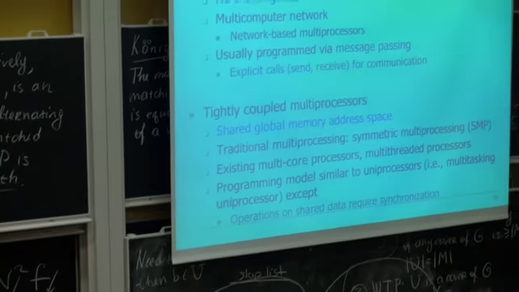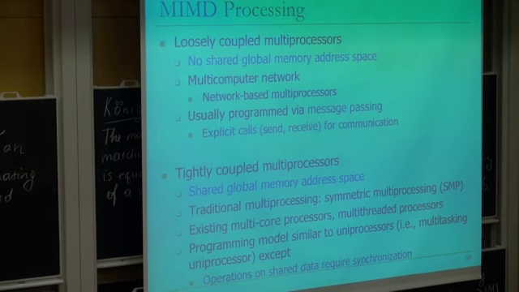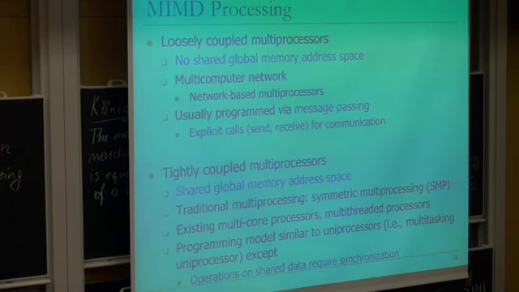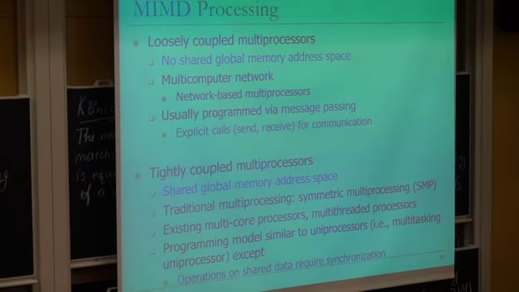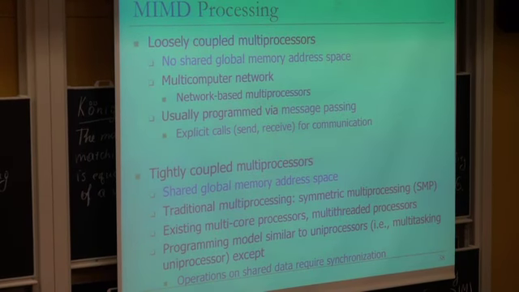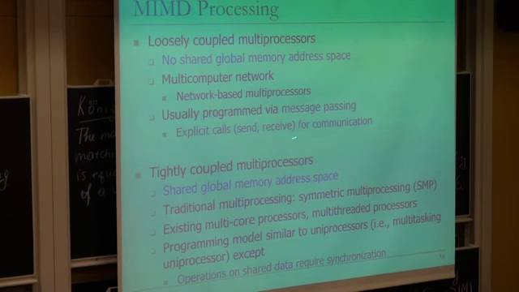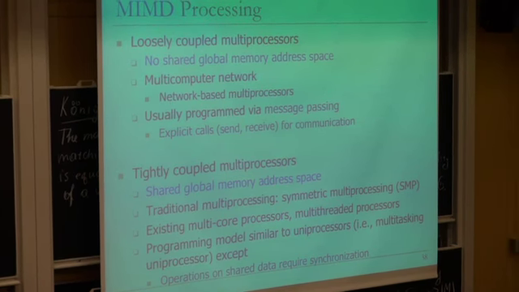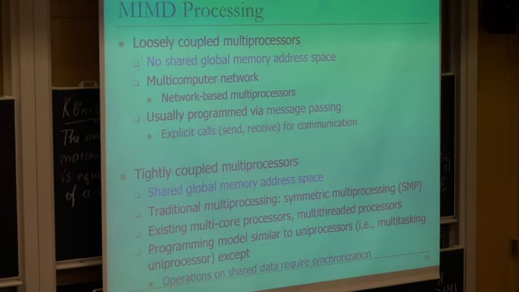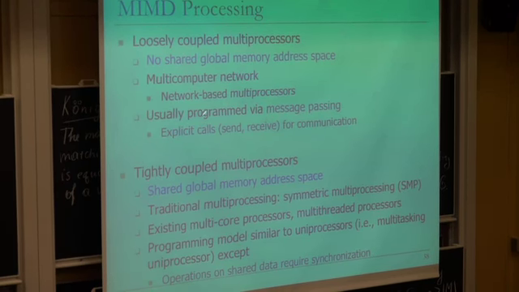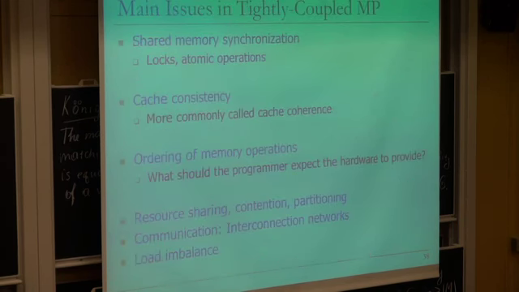This issue doesn't exist in the loosely coupled multiprocessors because they don't share memory space. But now, potentially, for some problems, programming could be harder. For others, perhaps this is a better programming model. And I'll let you think about some problems where this could be a better programming model than this. Maybe this programming model is easy because we're used to it, right? With a single program.